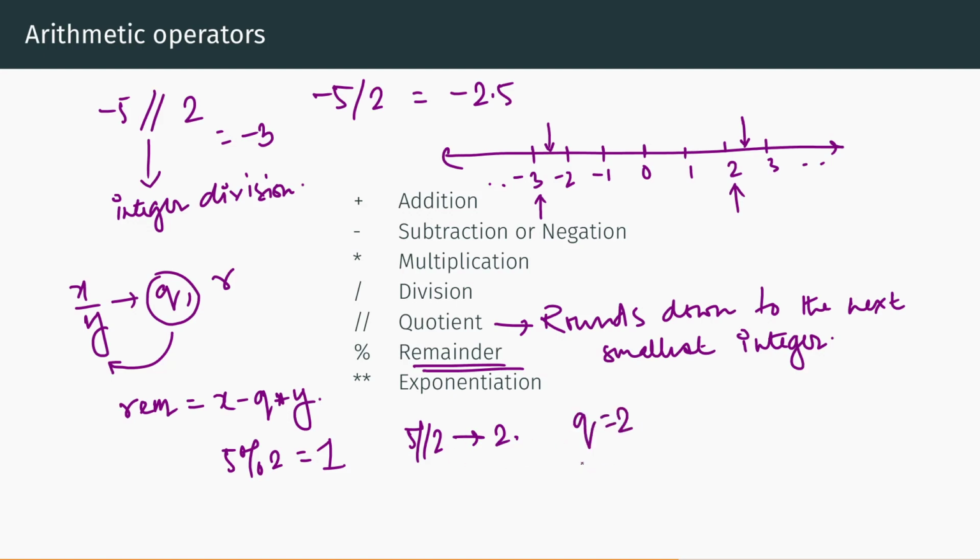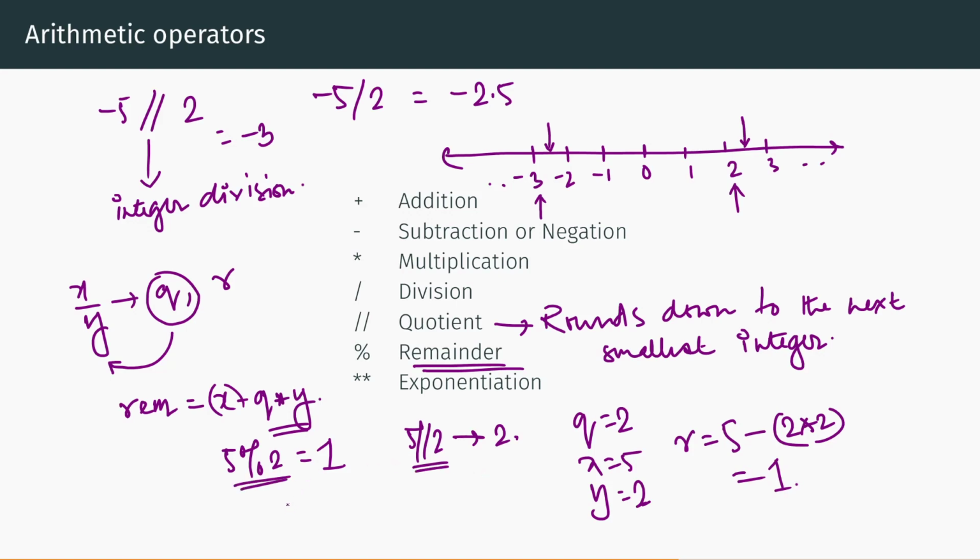X in this case is 5, y is 2, and the remainder is quotient times y subtracted from x. So x, which is 5, minus quotient times y, which is 2 times 2, which is equal to 1. That's how we get our remainder when we divide 5 by 2.